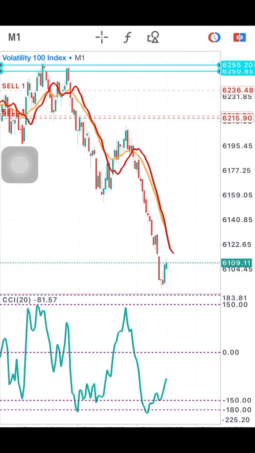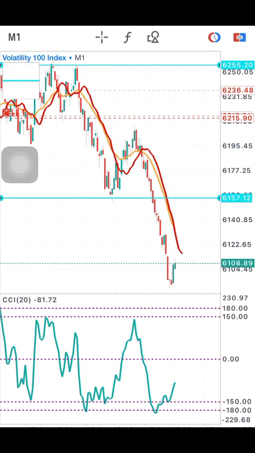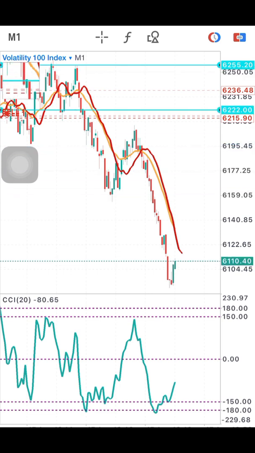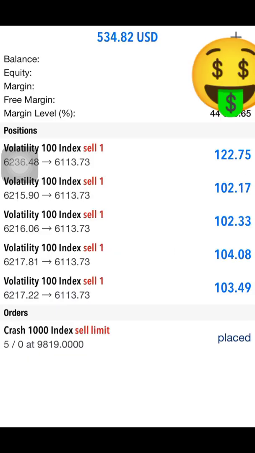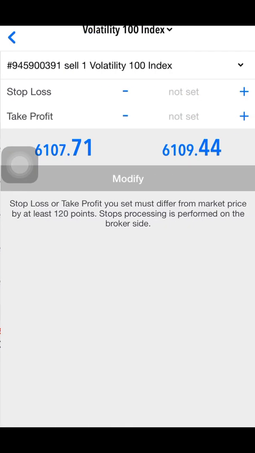Look at it. Let me move my stop loss to this point. Probably, let's say here, 61.57. Let's make all our stop loss 61.57 so that the market will automatically close all these positions automatically. Let's modify our order.